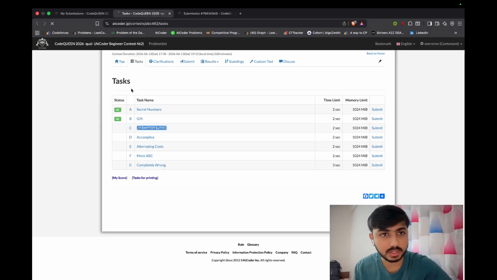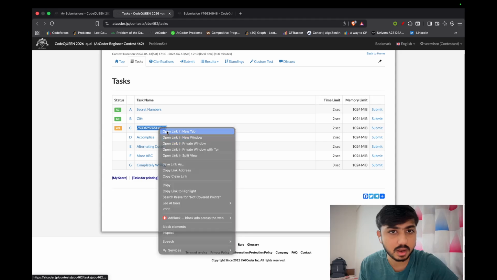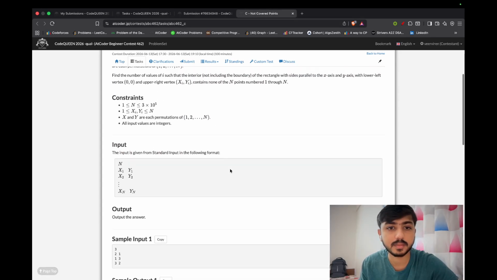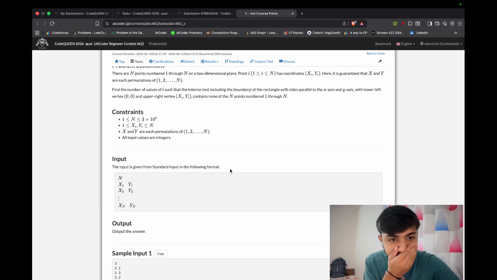What are we missing here then? Permutation of n, that means unique. We are talking about unique elements.